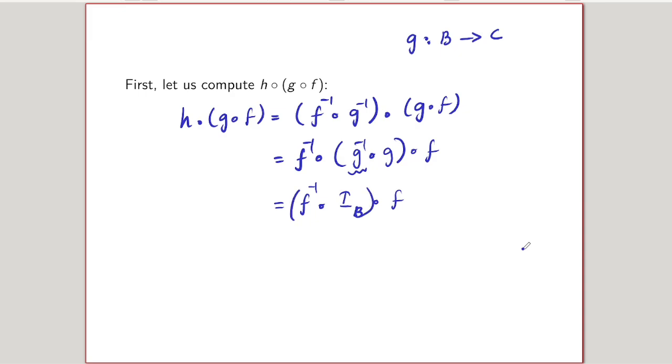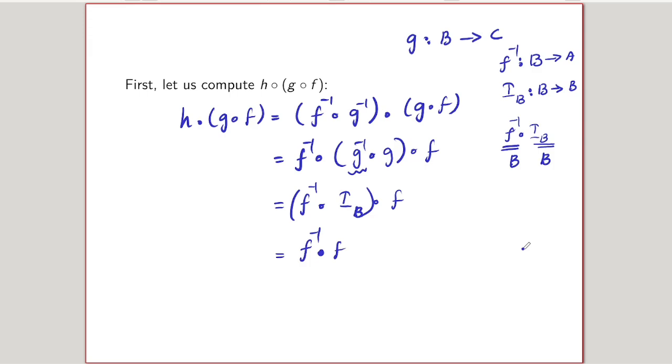Without loss of generality, I am going to take the composition of the first two maps. f inverse is a map from B to A, and I_B is a map from B to B. So it is possible to define f inverse composition I_B because the domain of f inverse, which is B, is equal to the codomain of I_B, which is also B. If we take composition with the identity map, we'll get f inverse.